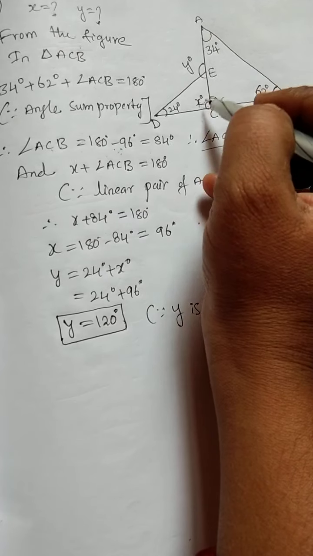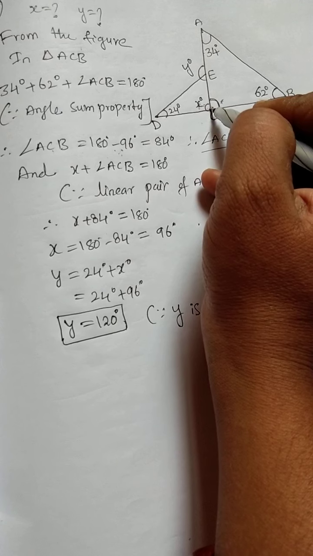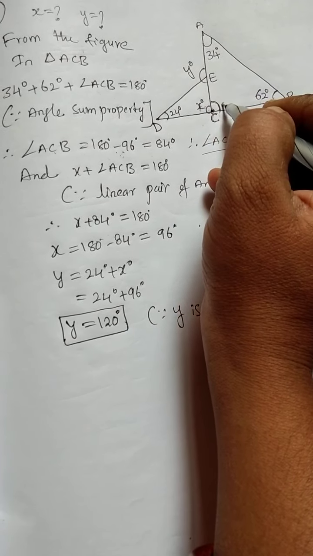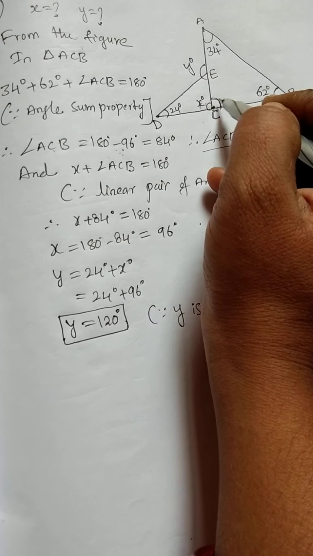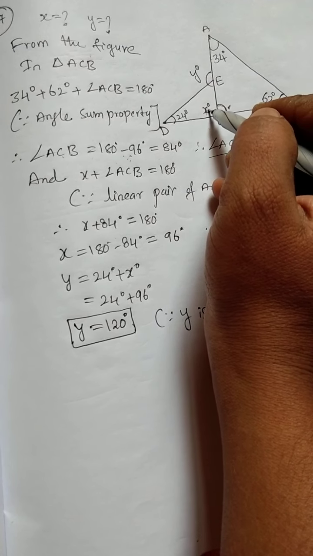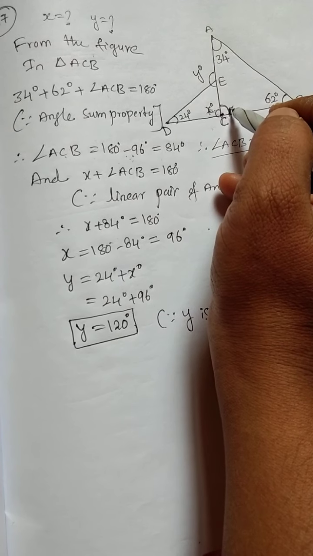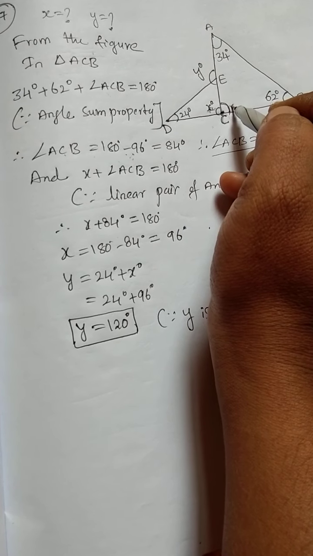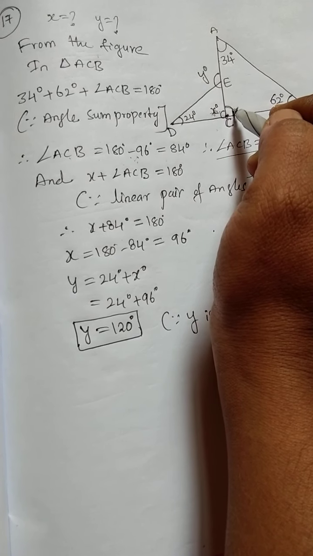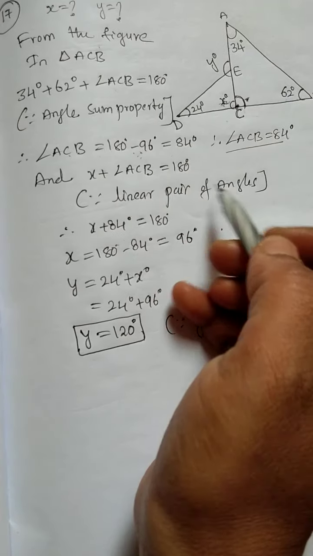AC is the common arm for these two angles, and point C is the vertex of the two angles. So we can say these two angles are linear pair angles. They are adjacent and their sum should be 180 degrees.